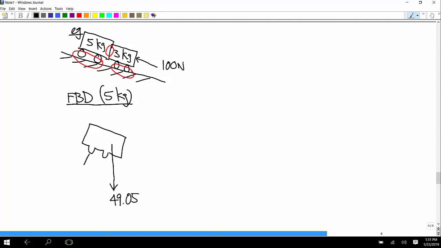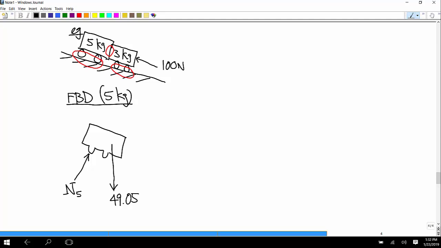And I'm going to act like it's all occurring at that one wheel because we're not worried about changes in orientation or anything. We don't care about moments yet. So I'll call this a normal force N5.